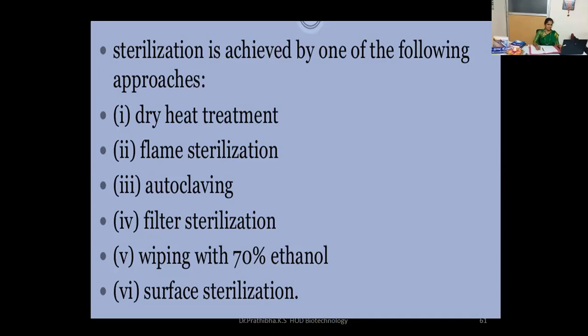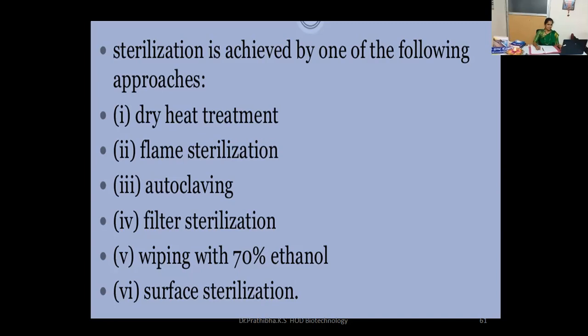Okay, the common sterilizing agents used for surface sterilization are calcium hypochlorite of concentration 9 to 10%, sodium hypochlorite that is 2%, mercuric chloride 0.1 to 1%, silver nitrate 1%, bromine water 1 to 2%, hydrogen peroxide 10 to 12%, and antibiotics of 4 to 5 mg per liter. Okay, these are some of the list of surface sterilizing agents.